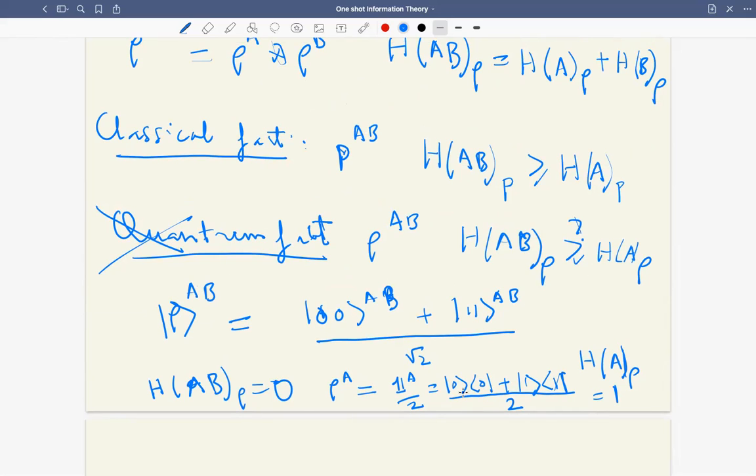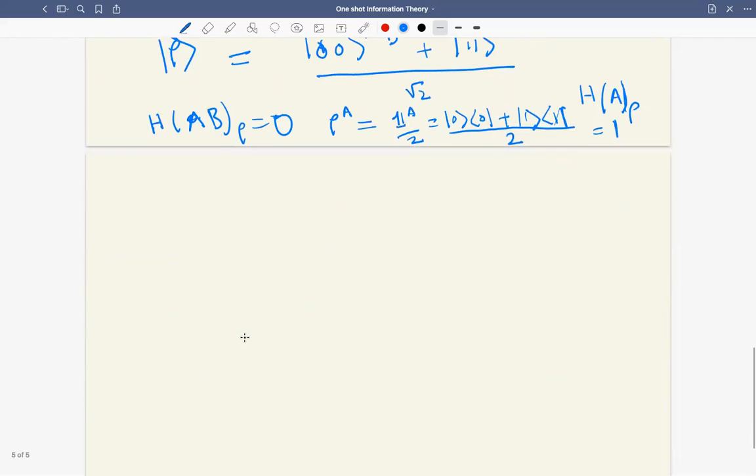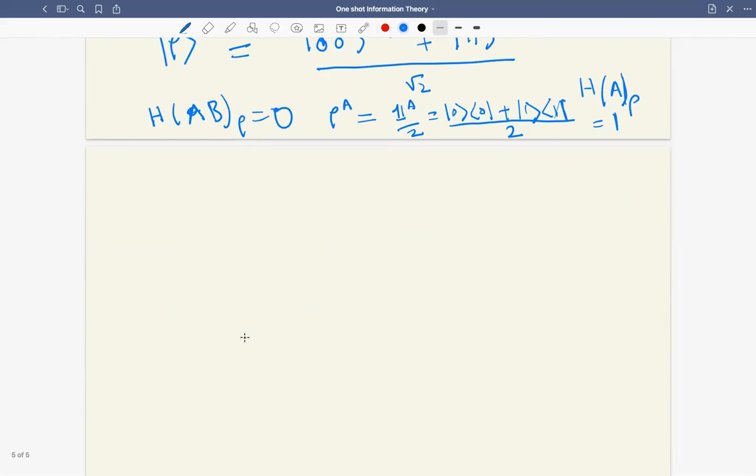That has to do with this weird property of the partial trace, or if you're saying reverse. So here, the support of rho A is a space of dimension 2, but the support of rho AB is a space of dimension 1. So it's more related to that. Yes. So this is the difference.